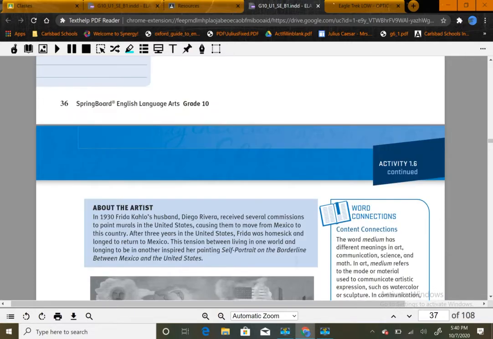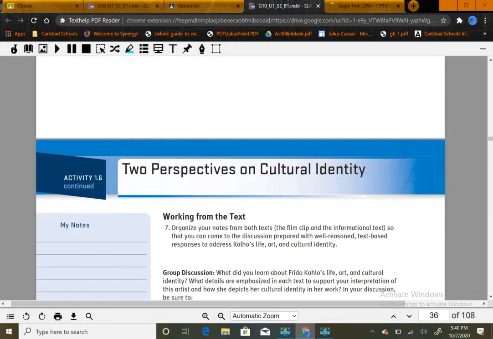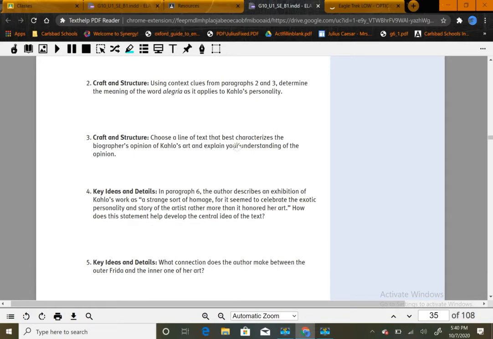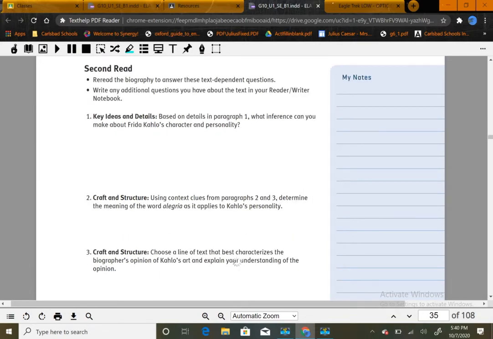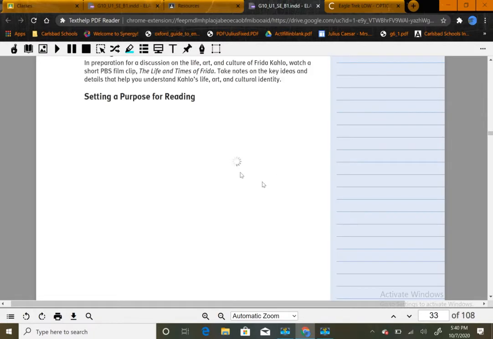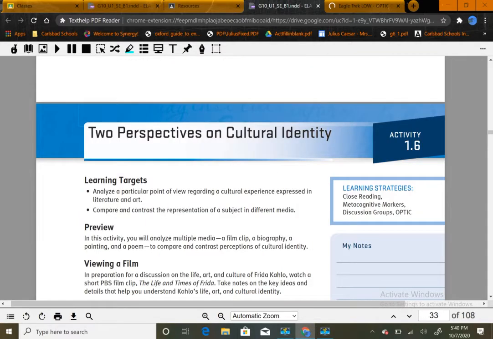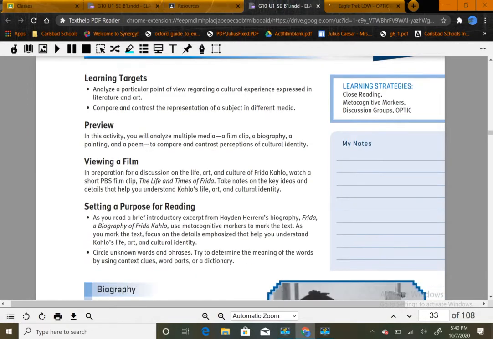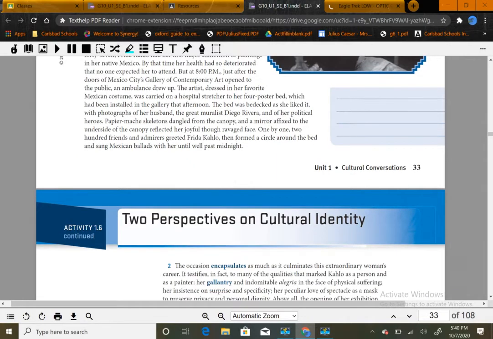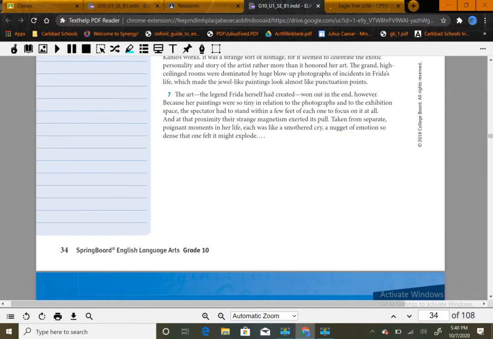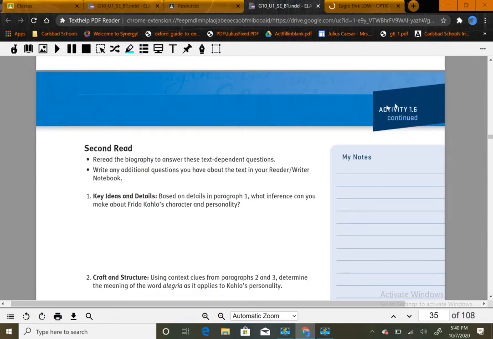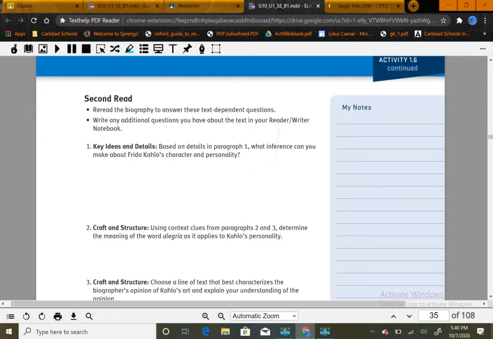If I was to go back to the beginning of this, let's say I didn't know that was activity 1.6, I could look over here in the corner of my screen. At the top of each page, it will tell me what activity I'm in. So right here, it tells me I'm in activity 1.6.